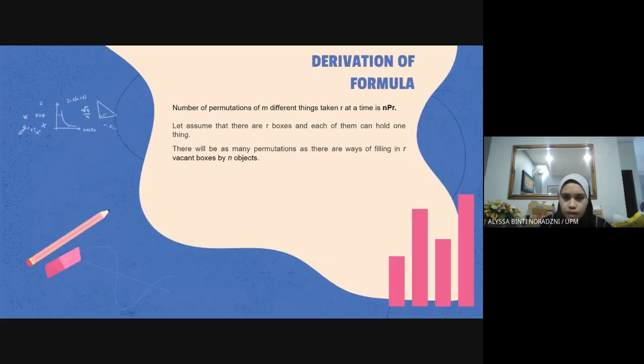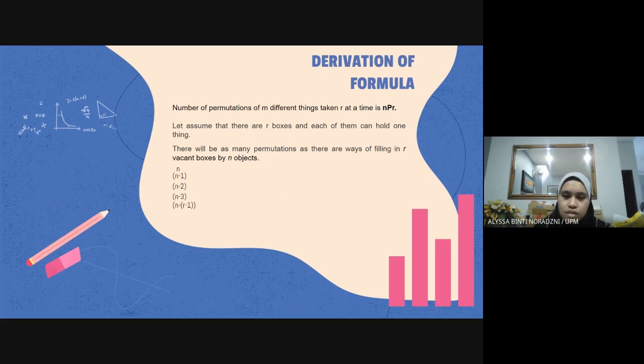Next, the number of permutations of n different things taken r at a time is nPr. Let's assume that there are boxes and each of them can hold one thing. There will be as many permutations as there are ways of filling r vacant boxes by an object. The number of ways the first box can be filled is n, and the second box is n minus 1. The third box is n minus 2.